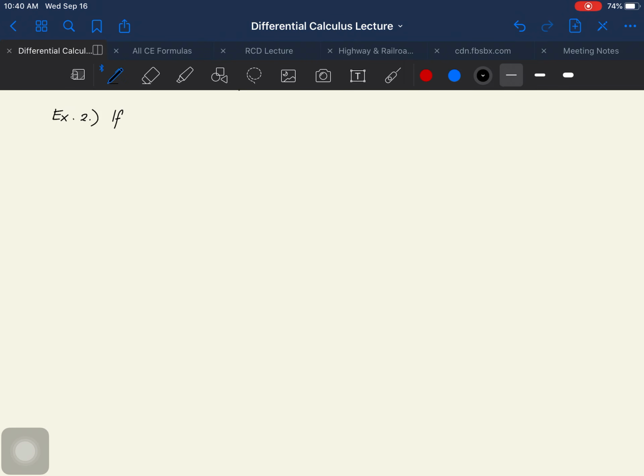In example number 2, it says there, if f of y is equal to y minus 3 squared, find f of c, f of -1, and f of x plus 3. Oh, it became y. Why is it not x?